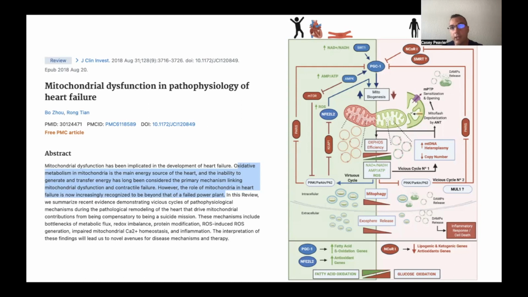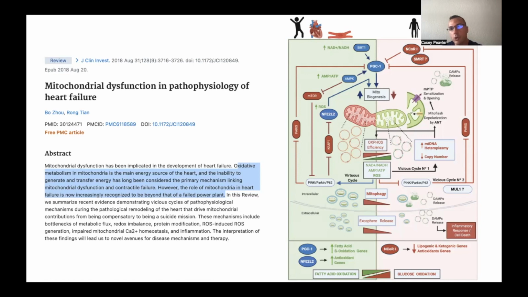This is a very busy slide, but interestingly enough, by the time we are done with all of our lecture series, you are going to understand every single bit of this slide. Okay, so we're going to focus on the very center part, where it says OXPHOS efficiency. We can see that you have decreasing oxidative phosphorylation efficiency.